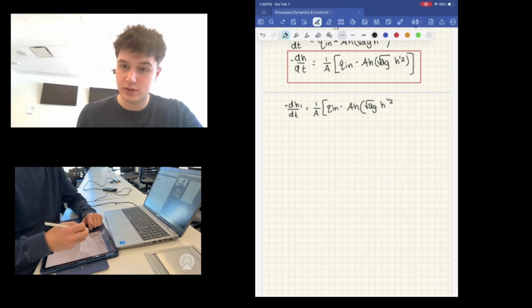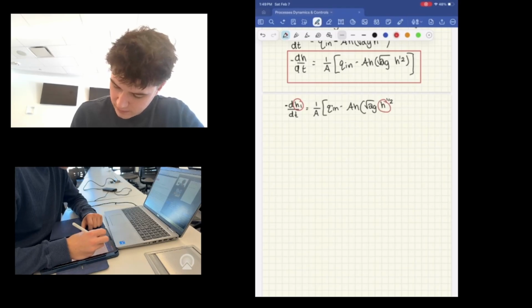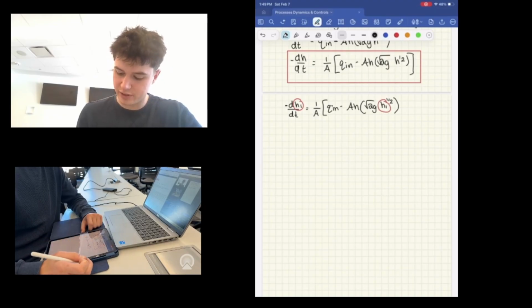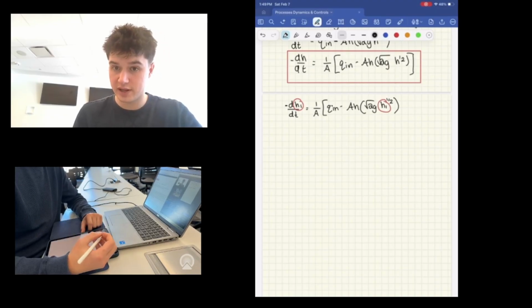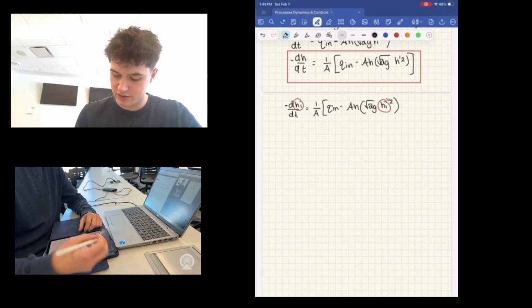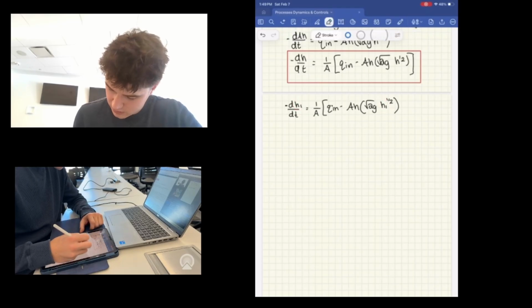But this H is going to align with this H1 that we have here. We're going to also have an H1 right there. So we're just tailoring these two H heights above to the actual first drain tank that we applied. So this is going to be the first equation. I'm going to get rid of these red circles.